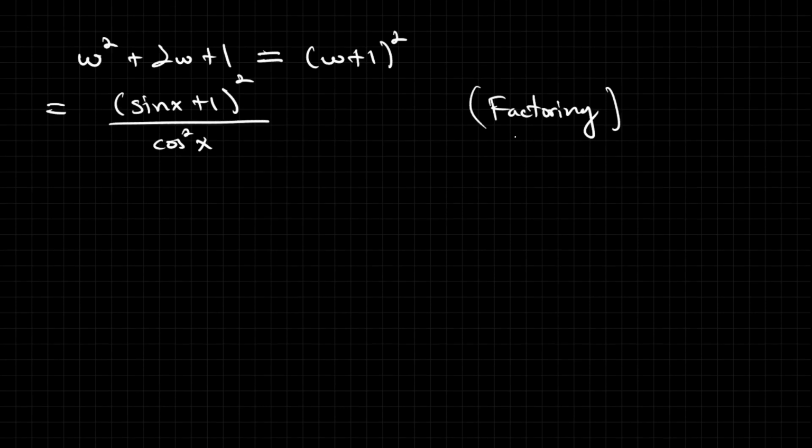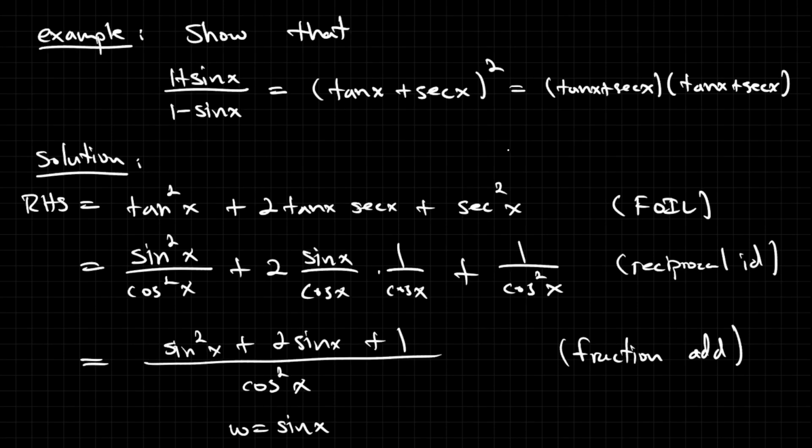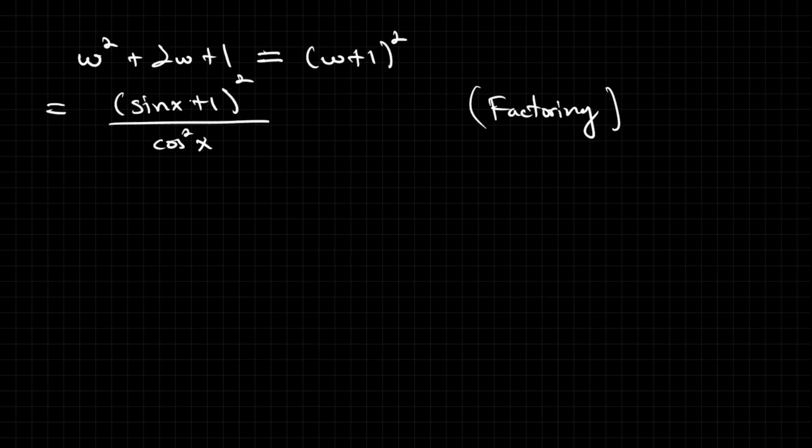All right, so now what can I do with this? I'm not sure, so I'm going to go back and see where I'm trying to get to. I'm trying to make the right-hand side look like (1 + sin x)/(1 - sin x). Okay, well, I'm encouraged by the numerator because that's 1 plus sine x, right?